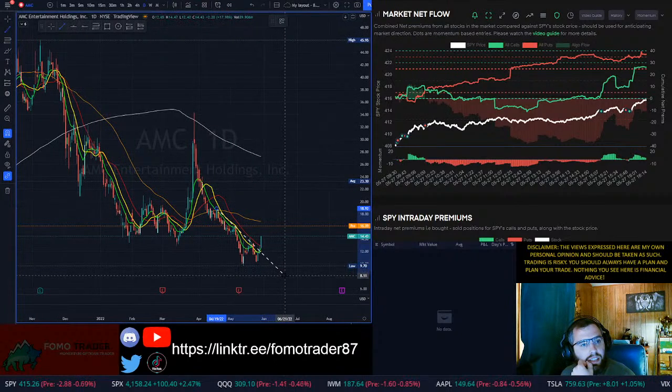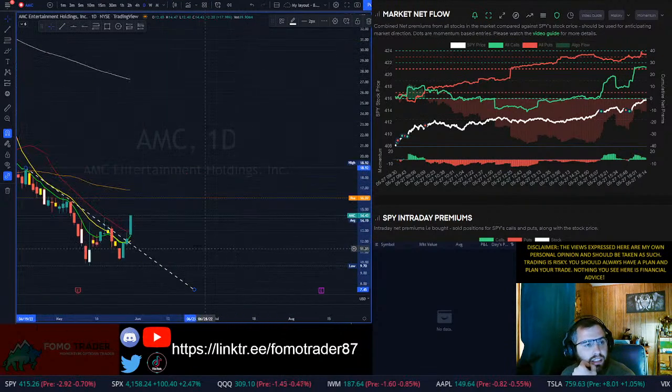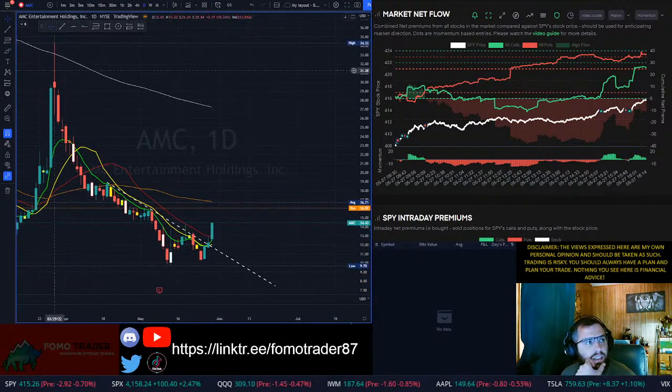We're in this nice downtrend. We broke out of the downtrend. If we zoom in here, you can see that the 8 EMA has crossed over the 13 MA, indicating a trend reversal to the upside, a bullish trend reversal.